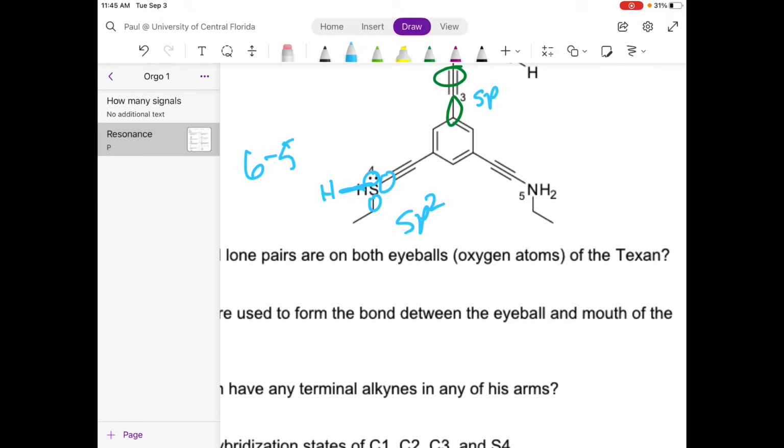So 6 minus 5 equals plus 1. So plus 1 for the sulfur formal charge, and then the nitrogen atom, nitrogen 5, has 4 bonds. So nitrogen with 4 bonds is a plus 1.